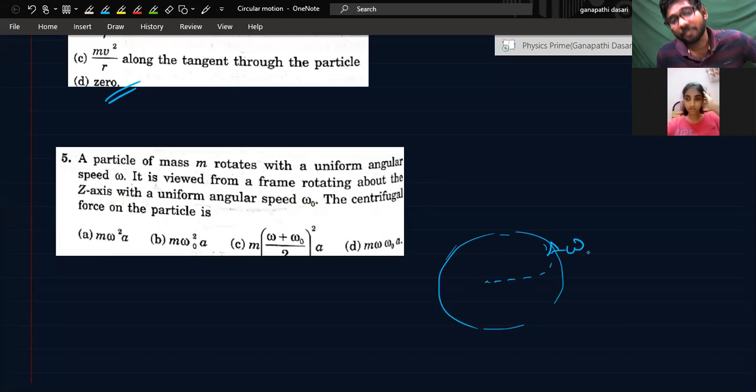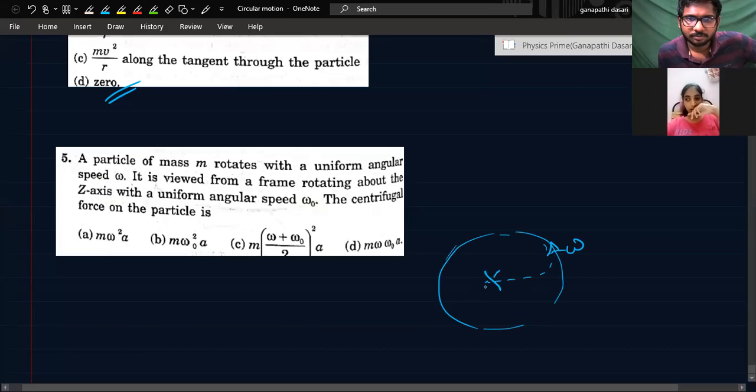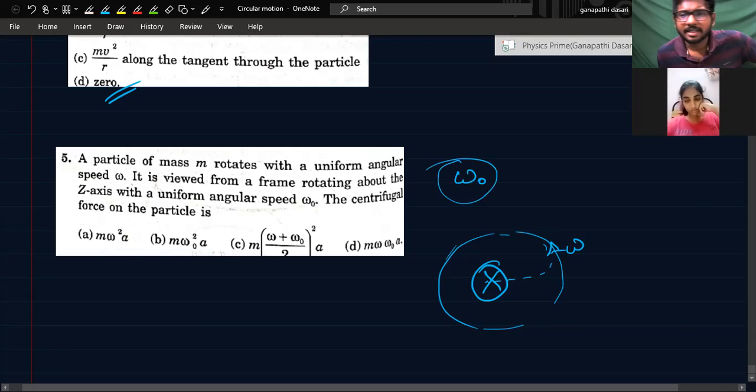It is viewed from a frame rotating about the z-axis with the uniform angular speed omega naught. The centrifugal force on the particle is, what did I tell you?